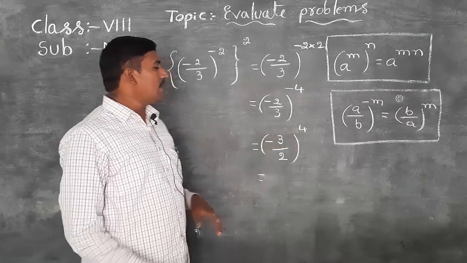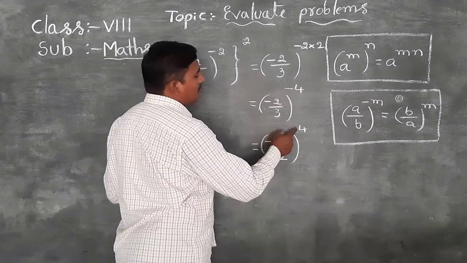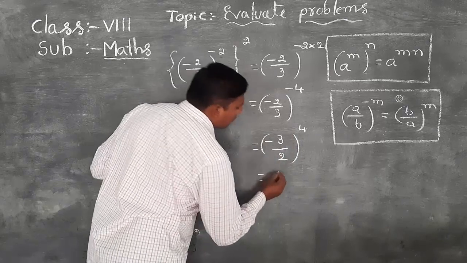If the power is an odd number, minus comes. The power should be even, so no need for minus.